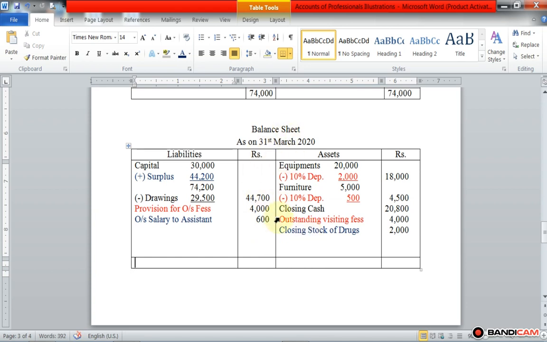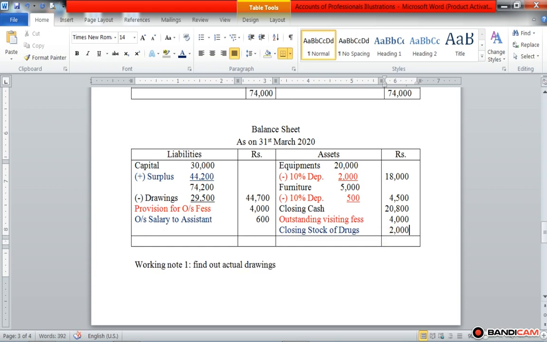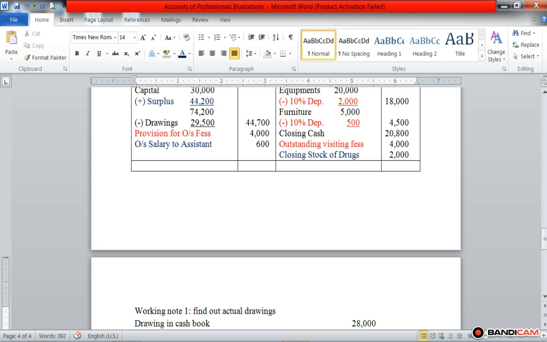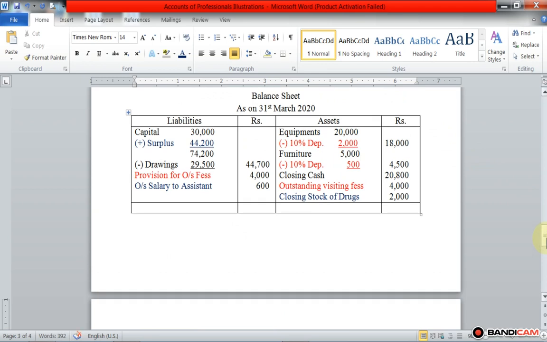Now we make the total of the liability and asset side. If both sides are equal, then our solution is right. If the liability side and asset side vary from each other, then our solution is wrong.